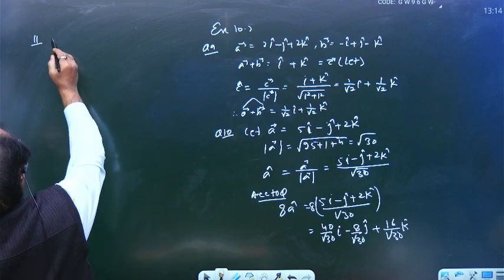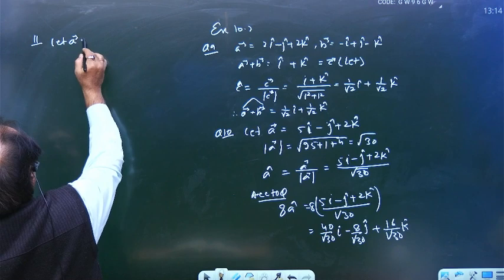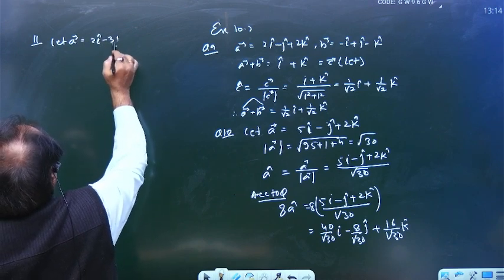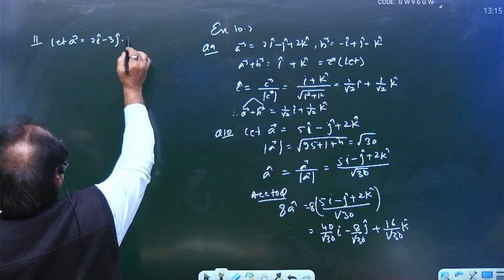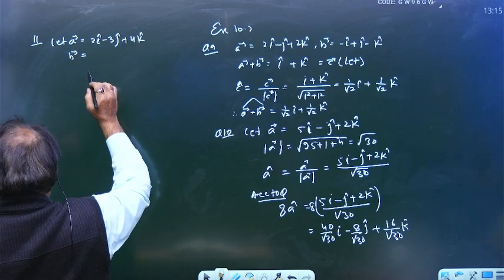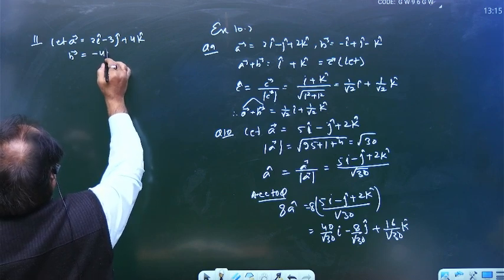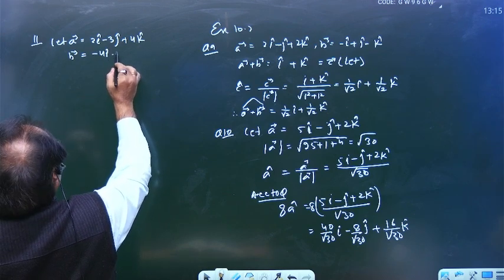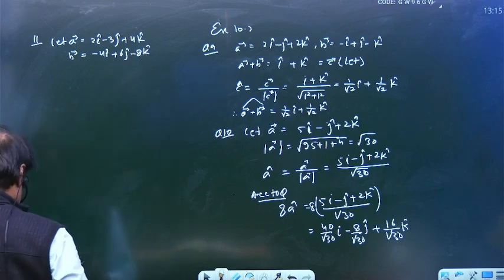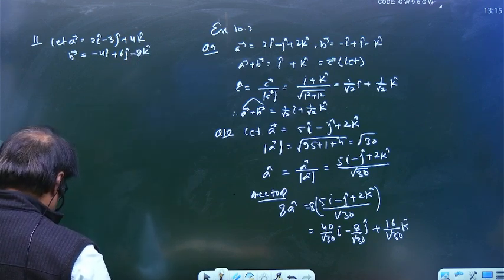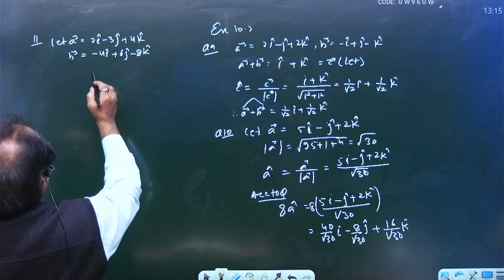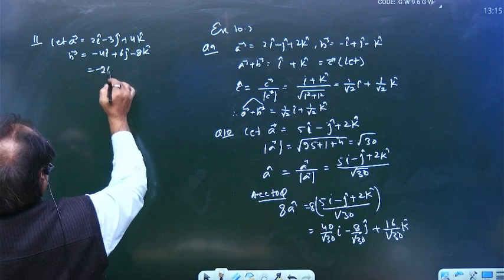Let the given vector a be 2i cap minus 3j cap plus 4k cap, and the other vector b be minus 4i cap plus 6j cap minus 8k cap. Now in vector b some scalar number is common, so can we take minus 2 as common?